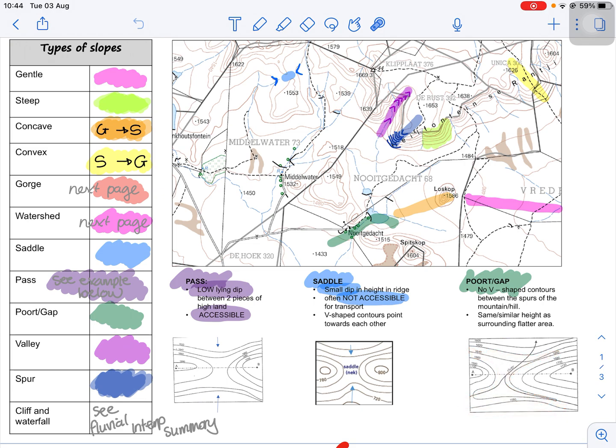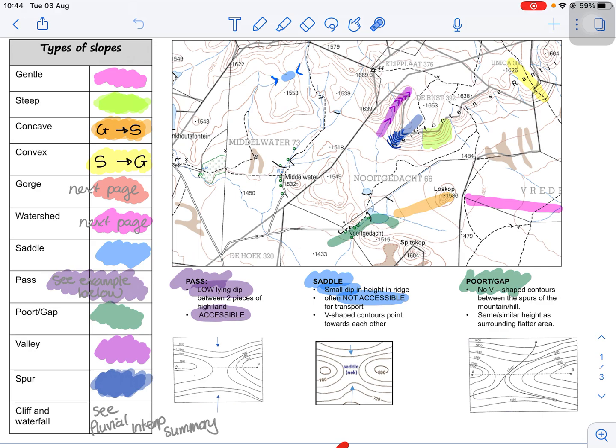That is then a poort or a gap that has been cut through that ridge. So this used to be one whole ridge, and the river cut through it and created these two isolated high-lying areas with then a kind of pathway, that gap, between the ridge. And there's no V-shaped contours really showing and outlining that region of land like in a saddle and a pass.